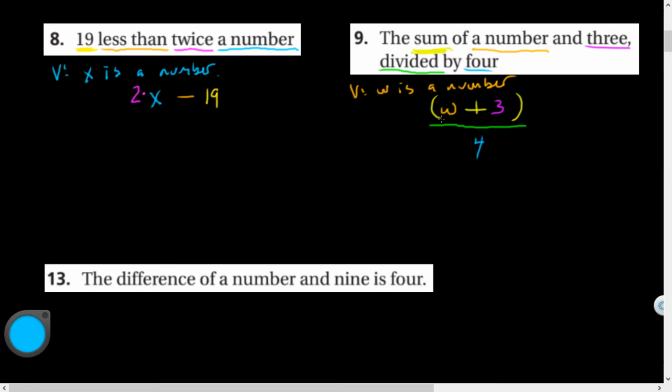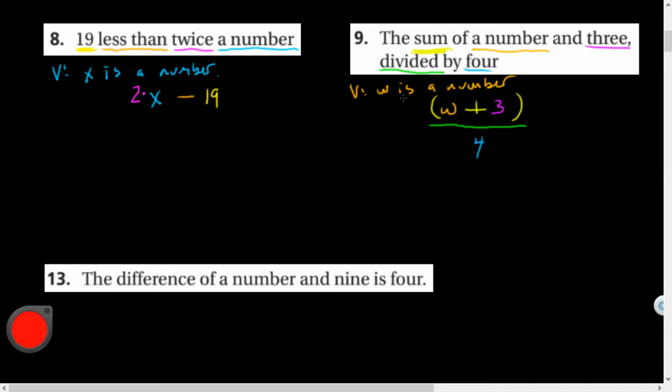I want to point out the sum was very significant. A wrong answer would have been W plus 3/4, which would have been a misinterpretation of the word sum, where I wouldn't have realized the addition has to take place before the division.